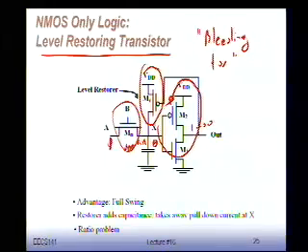However, two challenges, right? You have to be aware that this restoring device is going to make things not as good anymore as they used to be. Because right here, if you look at this node, right now it has the diffusion capacitance of the NMOS device, some gate source capacitance, and then the gate capacitance of the inverter that follows it.